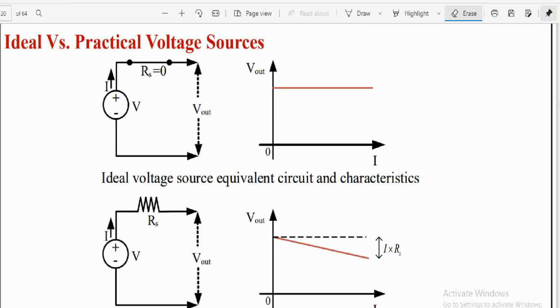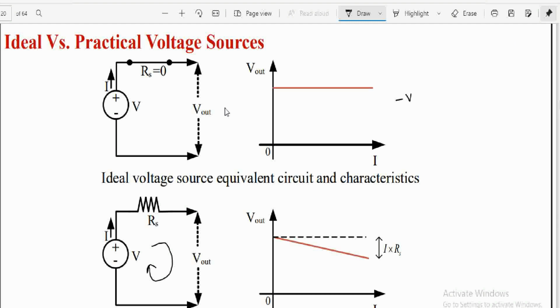Let us consider this is the voltage source and this is the current I. Apply KVL here. By applying KVL, what do you get?